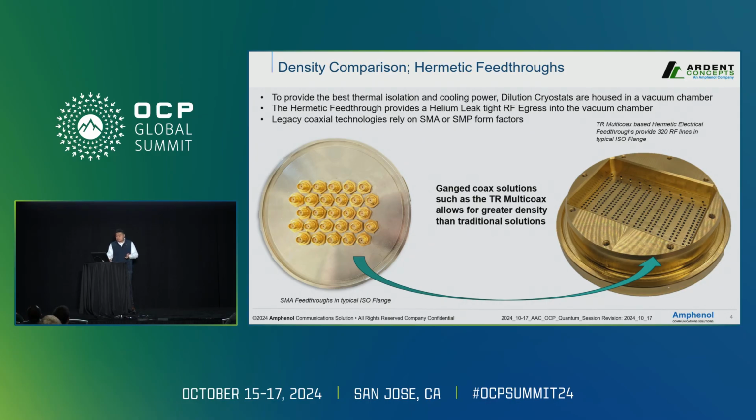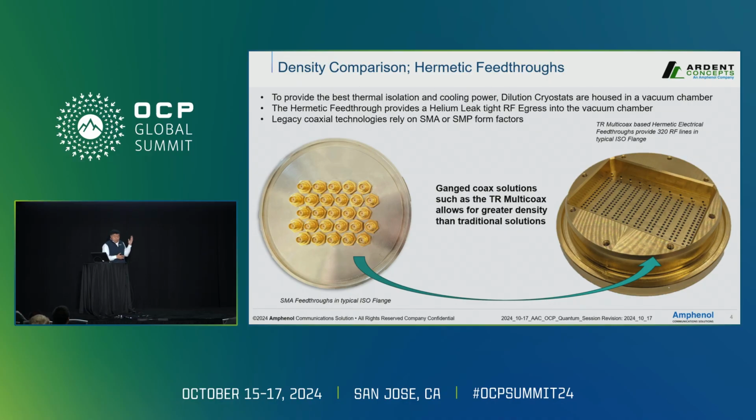Quantum computer systems of today use coaxial cables for microwave RF connections, often employing traditional pin and socket coax-based interfaces. To ensure hermeticity, the electrical feedthrough must include an epoxy or glass sealed provision between the center conductor, dielectric, and connector body. The connector body must also maintain helium leak-tight integrity to the feedthrough flange.